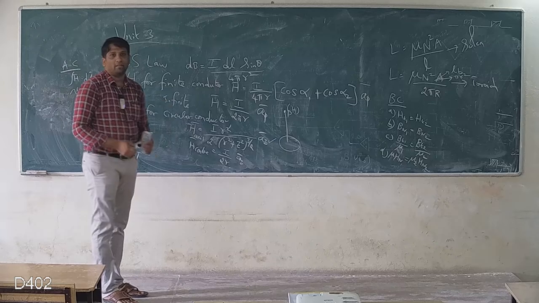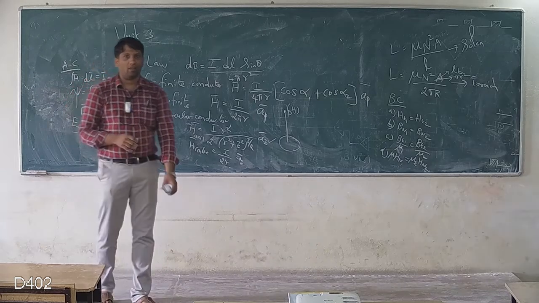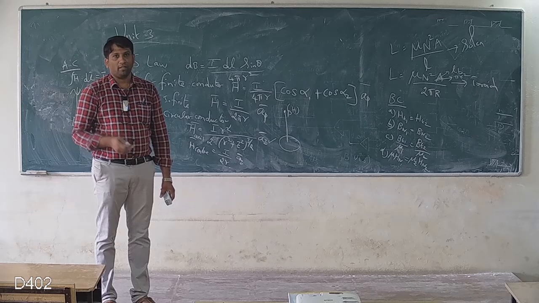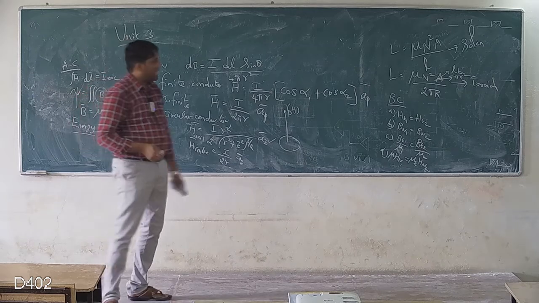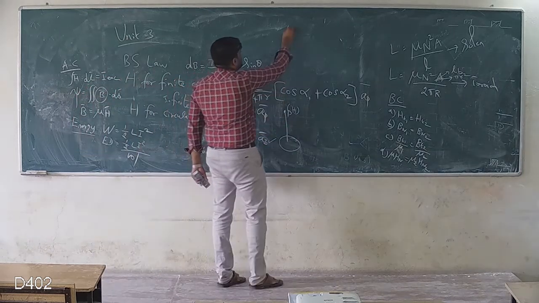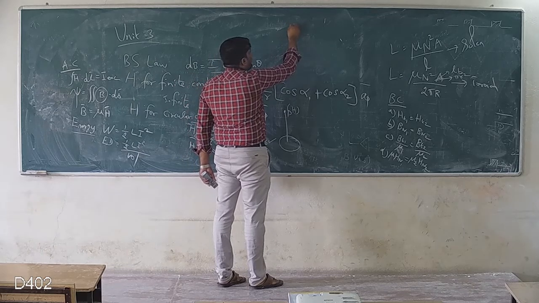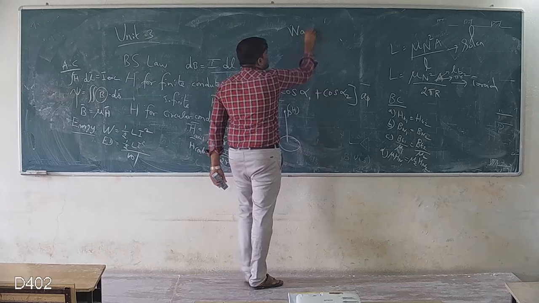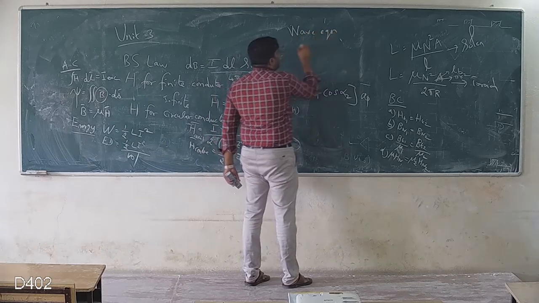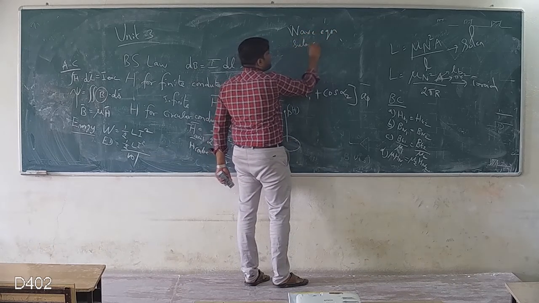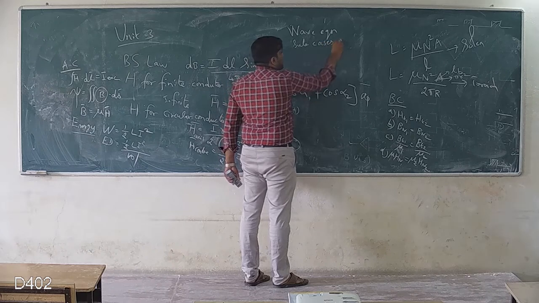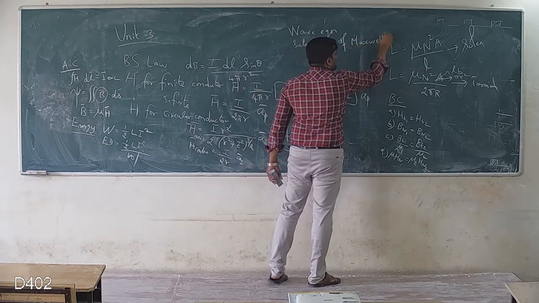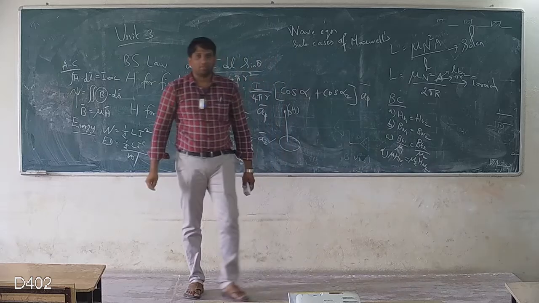We have done some 20 problems in this unit number 3, and still we have to do problems on unit number 4 in the next forthcoming classes. So in class 1, in the next class, we will complete the wave equation along with subcases of Maxwell's equation. So what is Maxwell's equation in terms of free space?